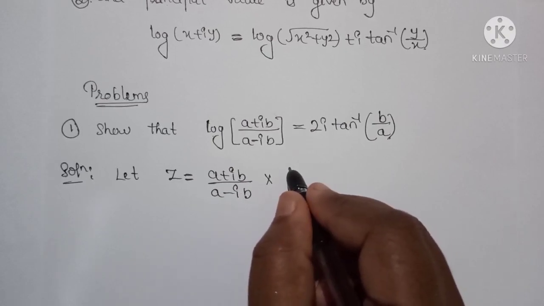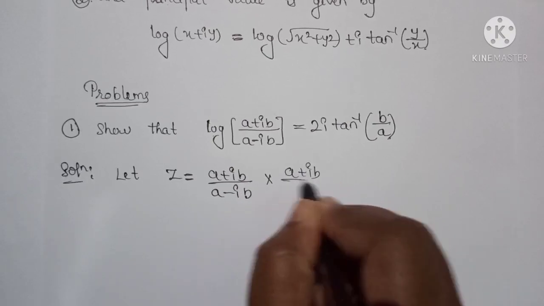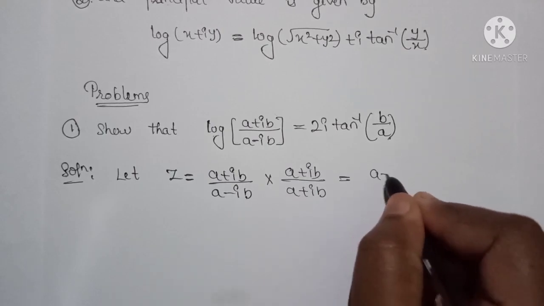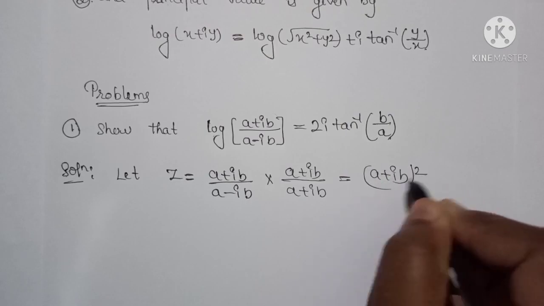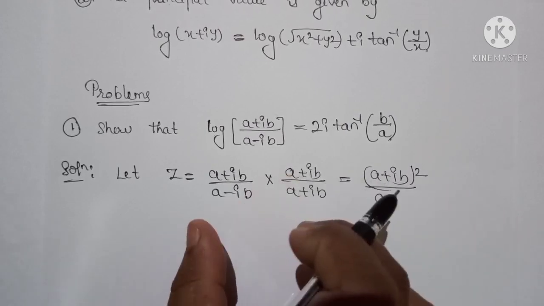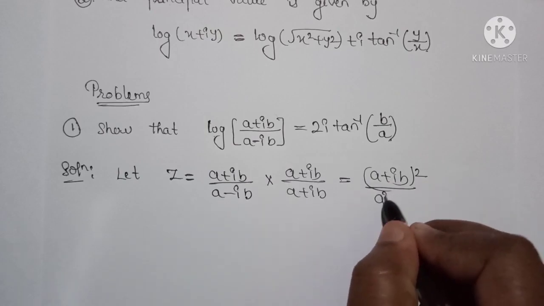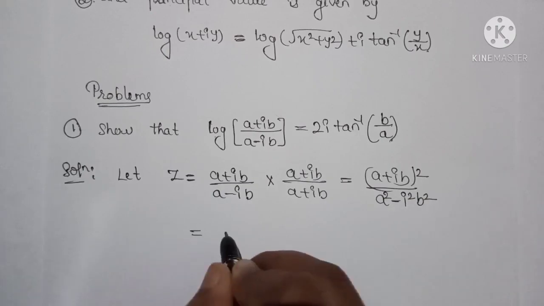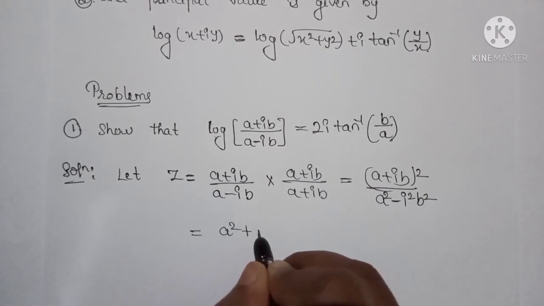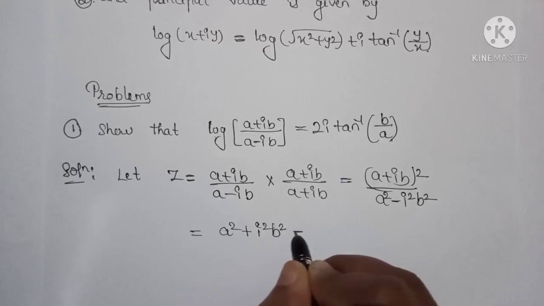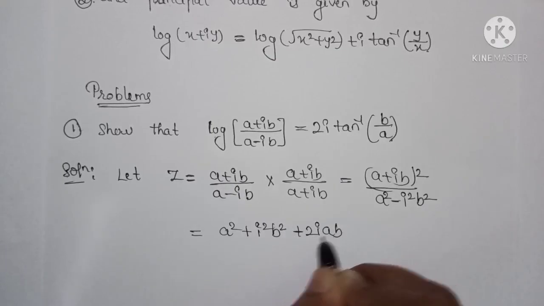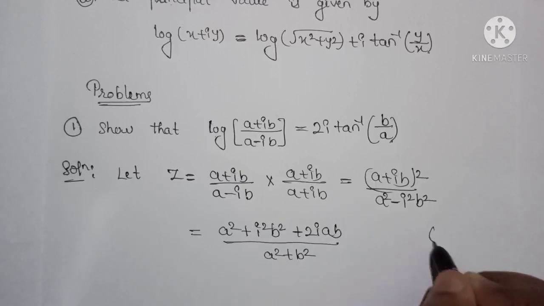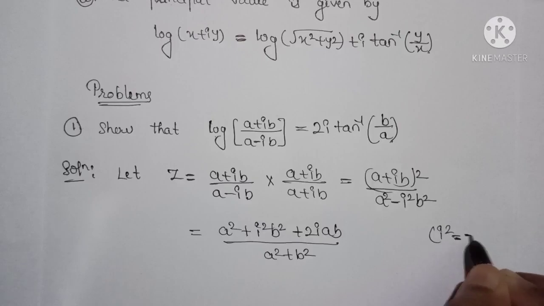The conjugate of the denominator is a plus ib, which gives us (a plus ib) whole square divided by a square minus i square b square, which equals a square plus i square b square plus 2iab divided by a square plus b square, because i square equals minus 1.